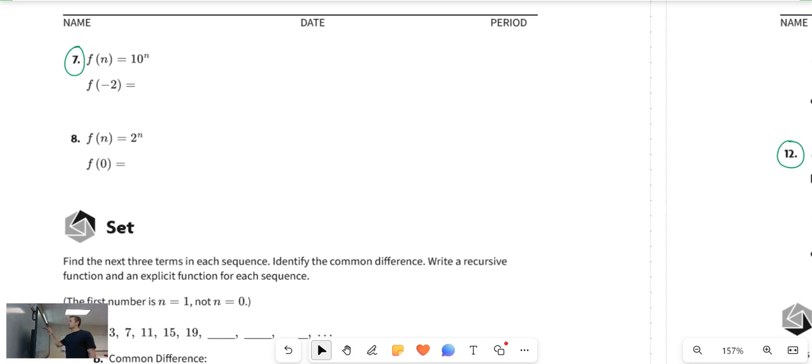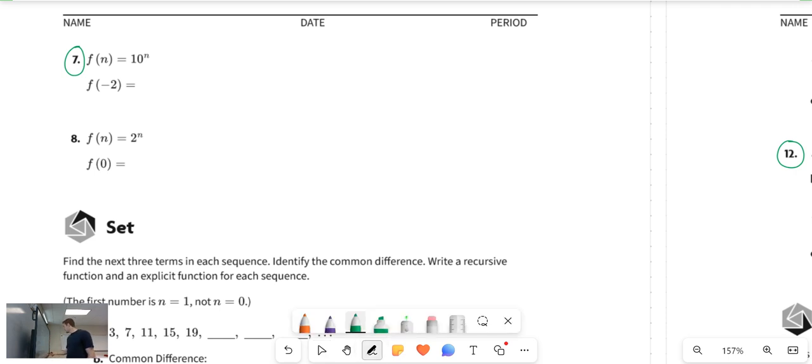All right, so we're going to take 10 and raise it to the n. Now, if it's negative 2, raising it to the negative 2 sort of means multiplying it by itself negative 2 times. But that doesn't really make any sense. What we did talk about is that when an exponent is negative, you can think of it as dividing instead of multiplying.